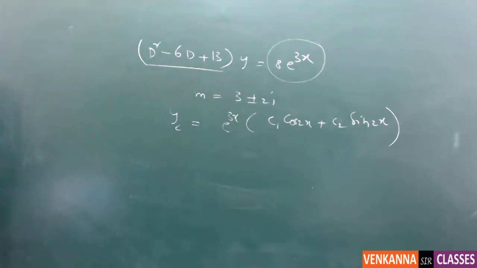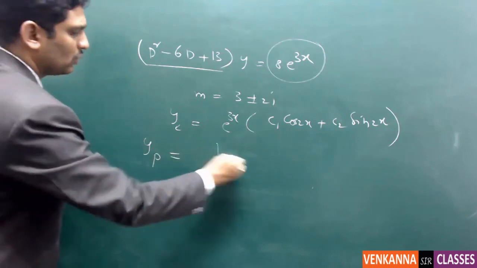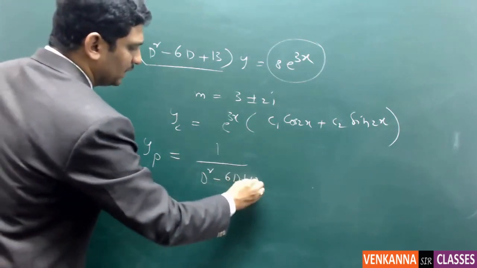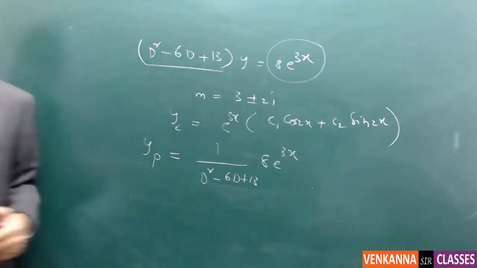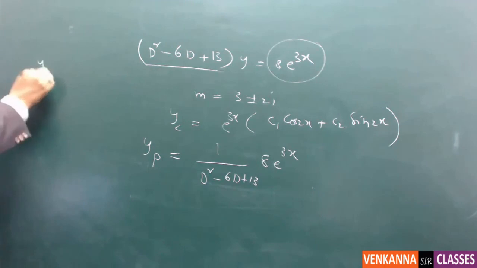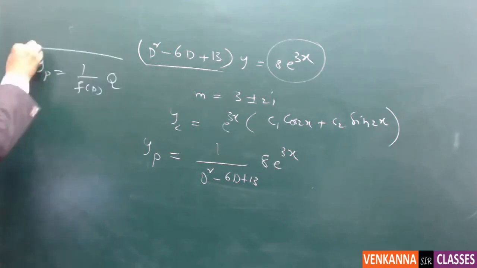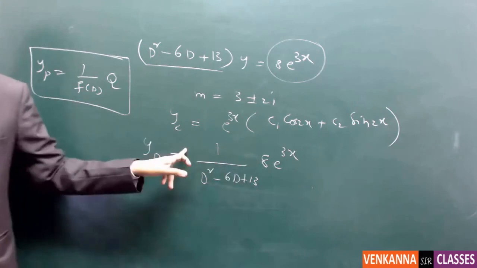It contains an exponential function, so it is possible to find yp. So how to find? yp is equal to 1 by d square minus 6d plus 13 into 8 e power 3x. As I have written, yp is equal to 1 by f of d into q is the formula. Now, 8 is a constant, so you place it this side.